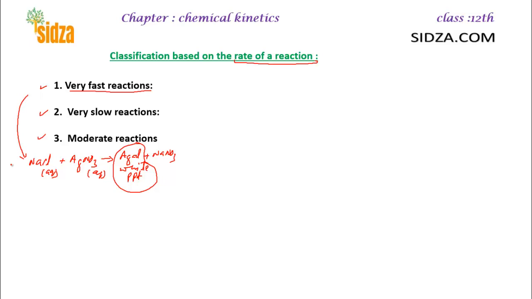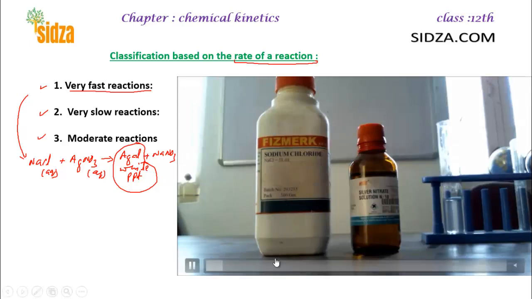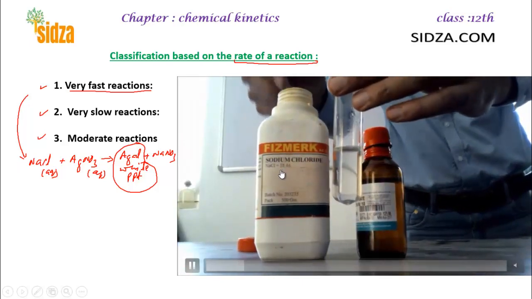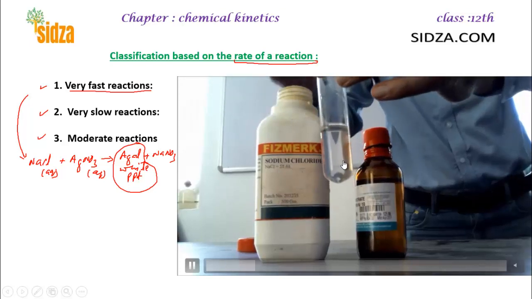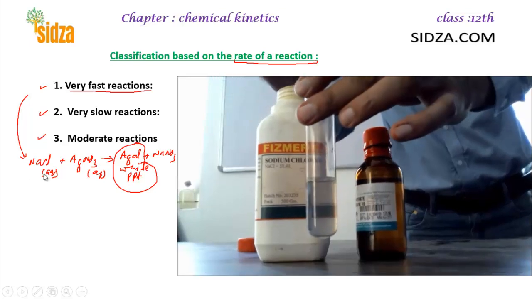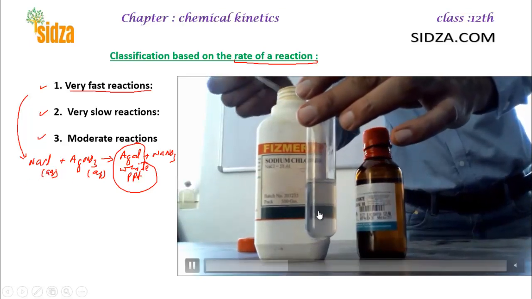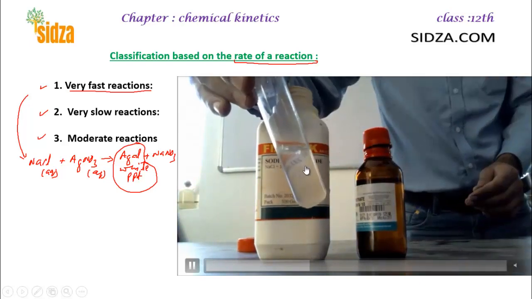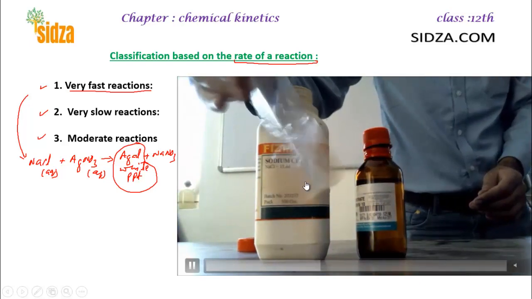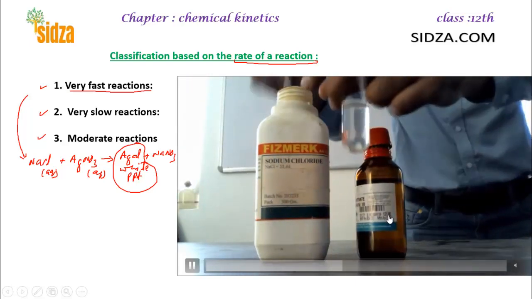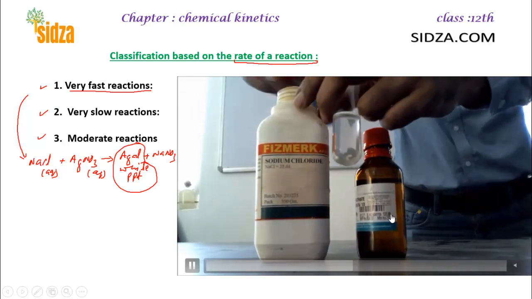Quite fast. Now let's see one particular video on it. Let's have a look at this experiment. Here I'm going to make NaCl solution, sodium chloride solution. This is the distilled water, and when I add some NaCl in it, you get the aqueous solution of sodium chloride, NaCl. We got a clear solution of NaCl, and now I mix it with the silver nitrate. Here is the silver nitrate solution, AgNO3.